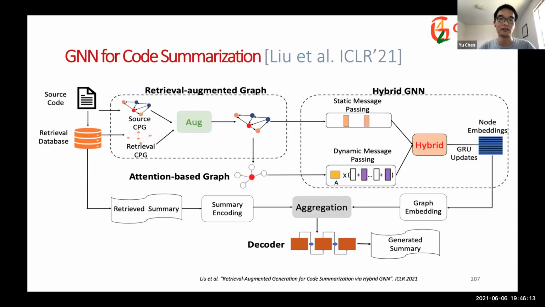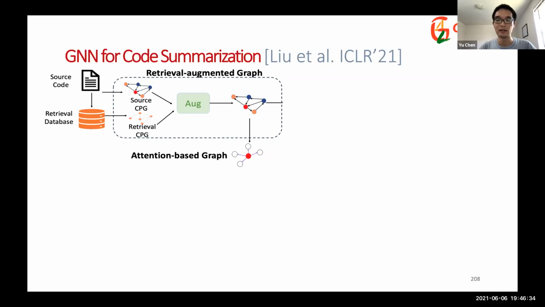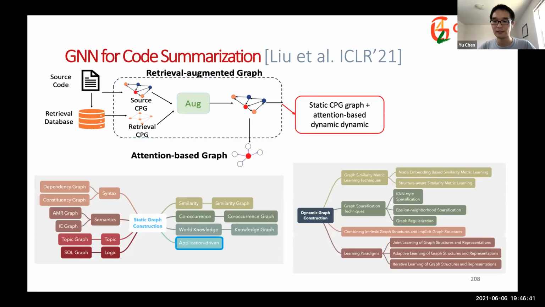So this paper again leverages the GNN-based encoder to encode the graph representation of the input code, and it tries to generate the summarization corresponding to the input code. For graph construction, they exploit both static graph construction and dynamic graph construction. And they combine the intrinsic graph structures and implicit graph structures, as we discussed in the methodology part.